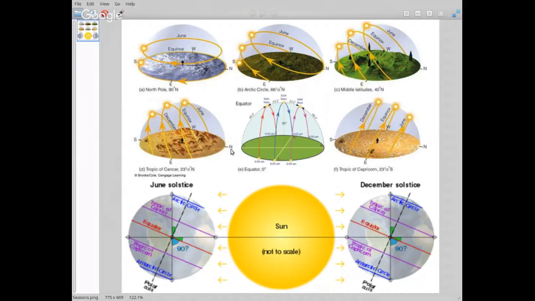On the north side looking south, these paths of the sun, like this is the June equinox, pointing toward the equator. In the southern hemisphere, the June equinox is way up here, but it's still pointing toward the equator. How can both of those sun paths point toward the equator when they're all at the same angle?